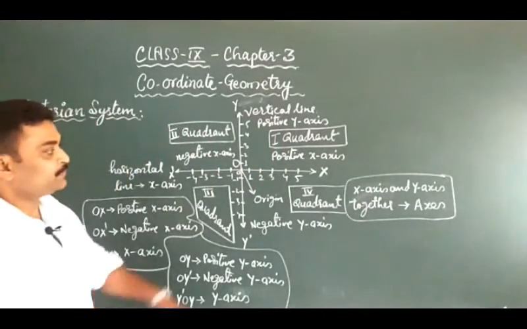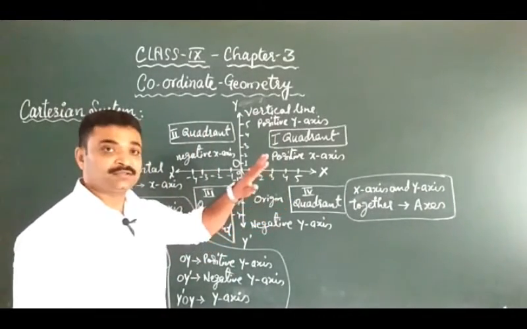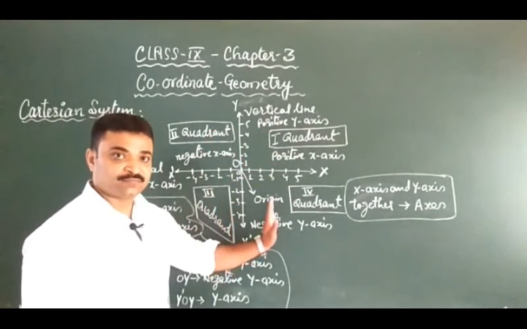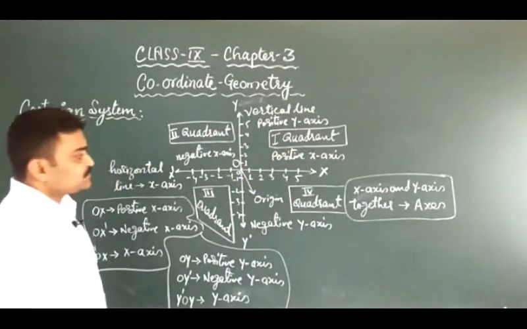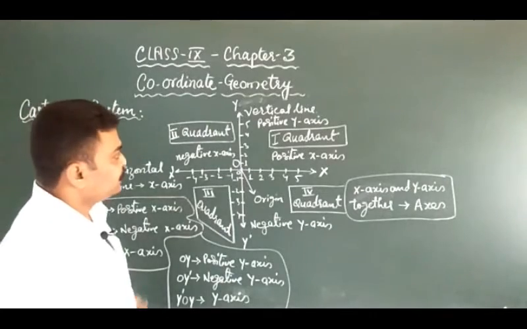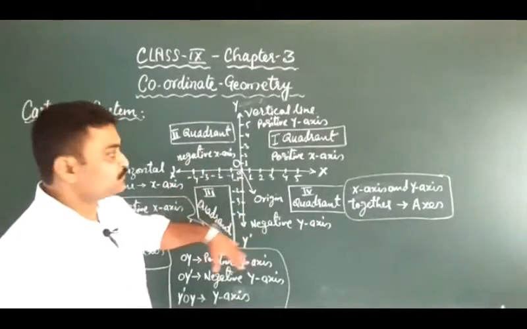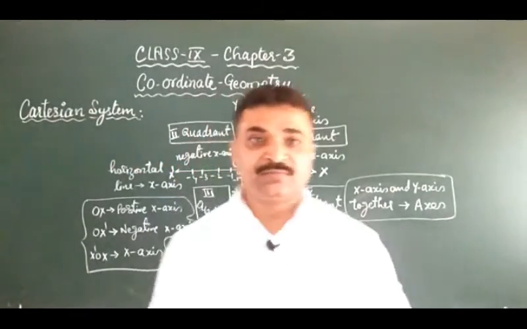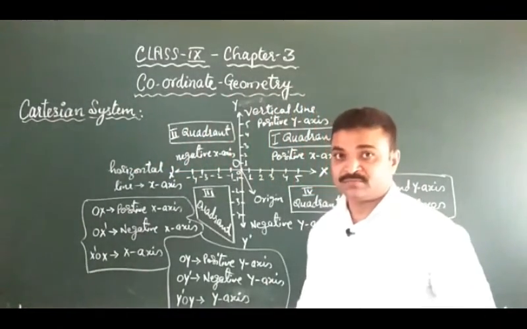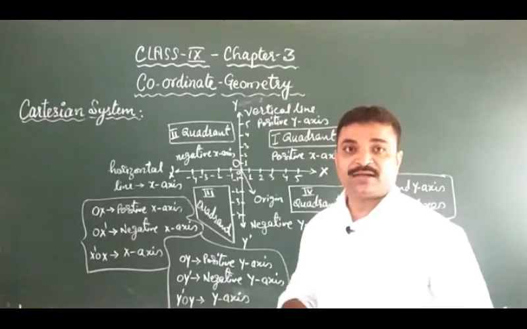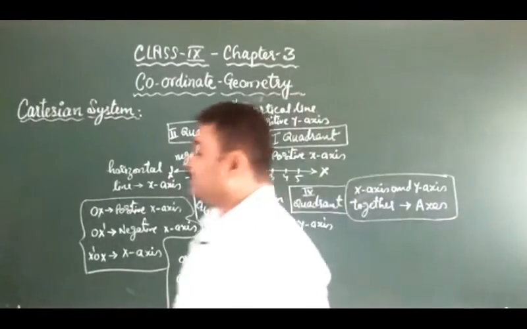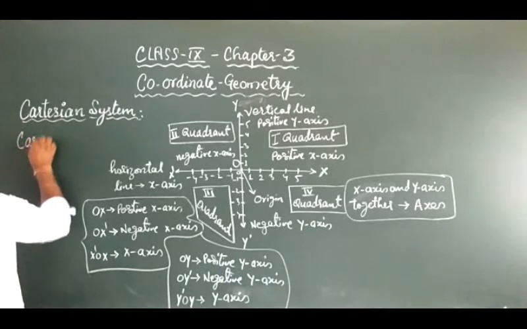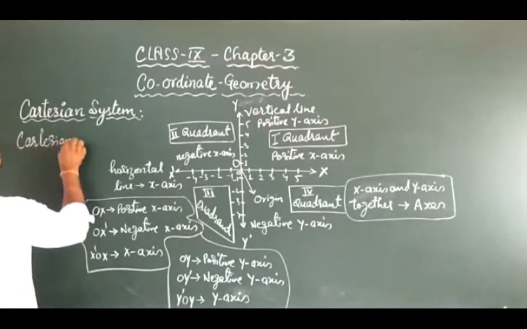Clear? That means whenever we give the name of the quadrant, we will go anti-clockwise. Okay, students, one more thing, this arrangement is called Cartesian system. Sometimes we call it Cartesian plane.